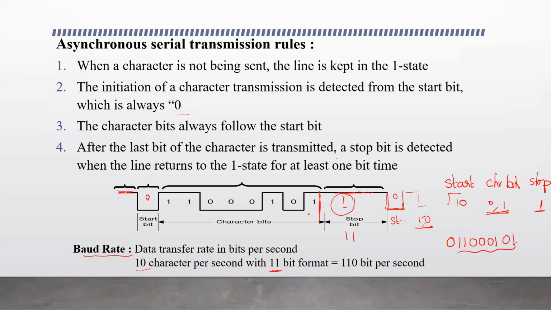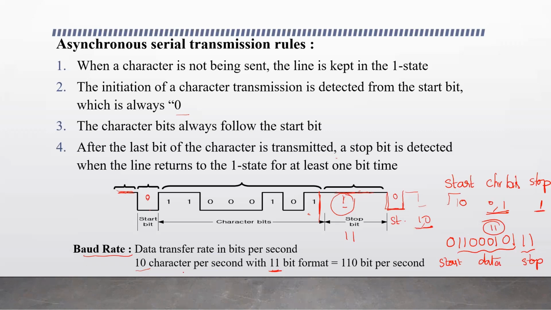This is the character bits and then 2 stop bits, 1 1. So this is the start bit and data bits, and these two are the stop bits. So totally 11 bits are transmitted.